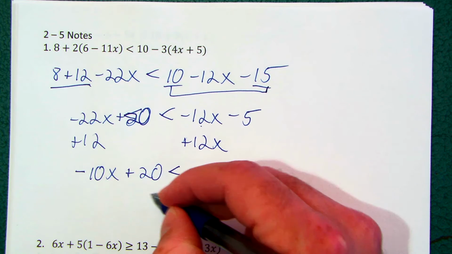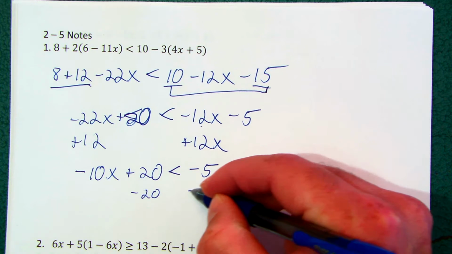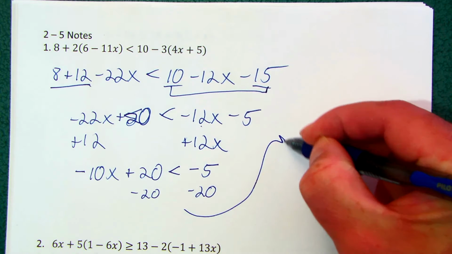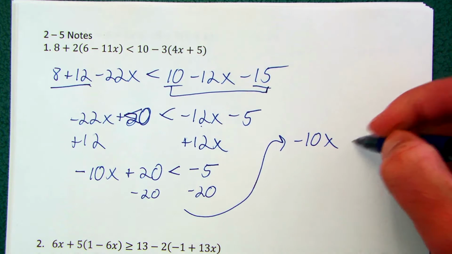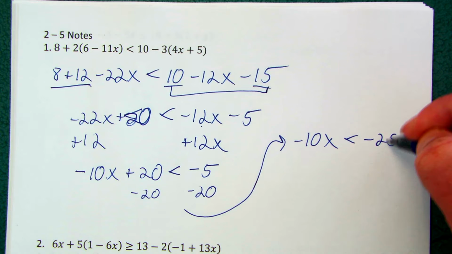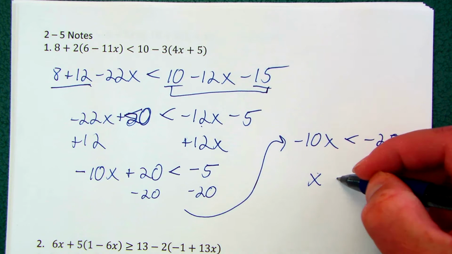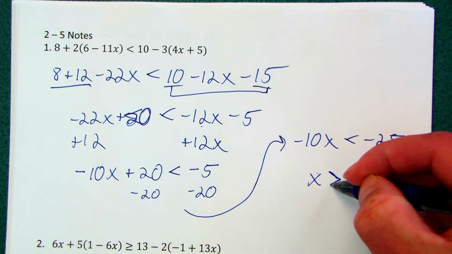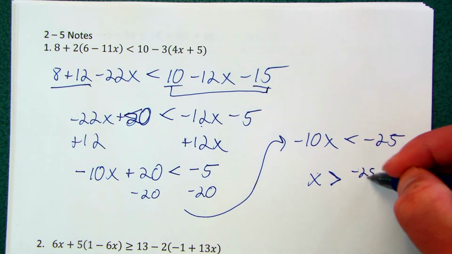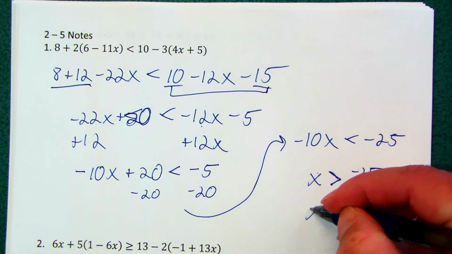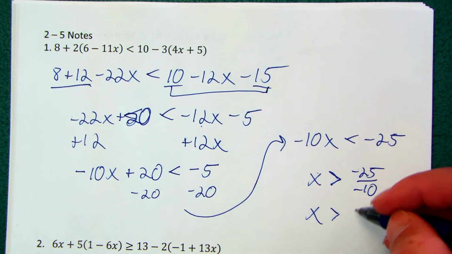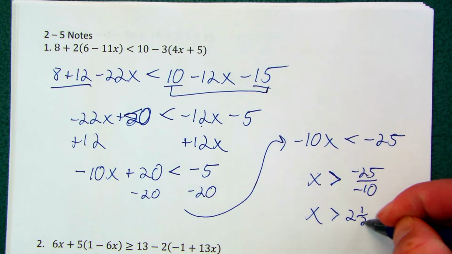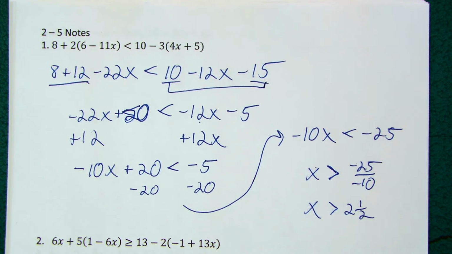And subtract 20 then from both sides, so that I now have negative 10x is less than negative 25. And then I have to divide both sides by negative 10. So x is greater than positive 2.5, because again, we had a negative divided by a negative there.